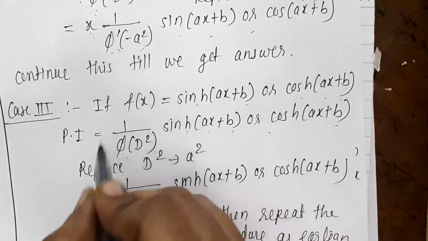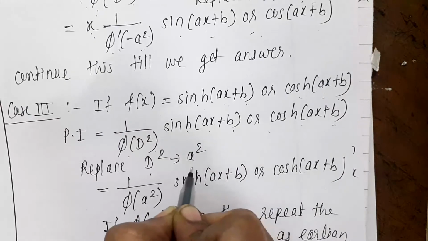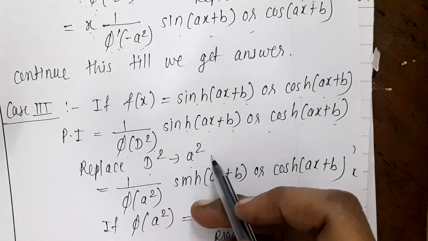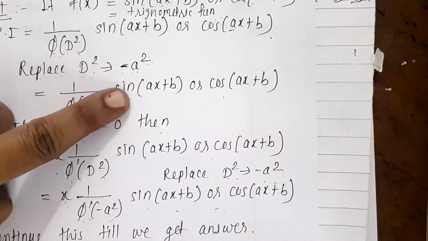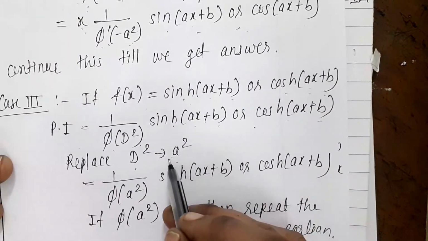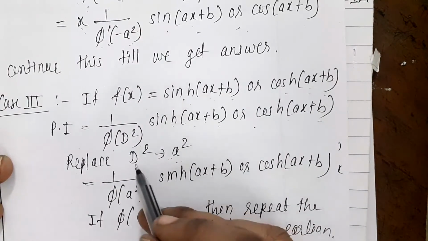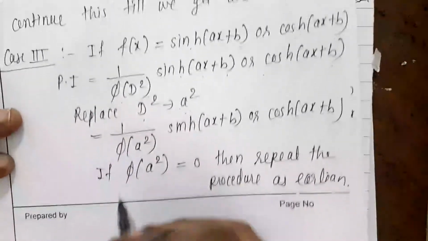Now to simplify it, we replace D square by a square. So remember, there is a similarity between these two cases. Here we have to replace D square by minus a square, and in sine hyperbolic and cos hyperbolic we replace it by plus a square. So here simply plus a square we have to replace, and the remaining procedure is the same.